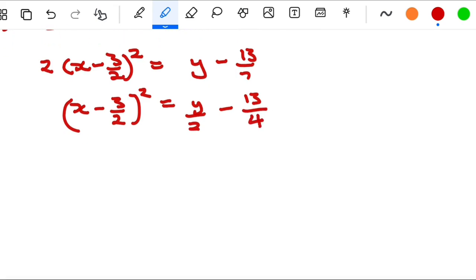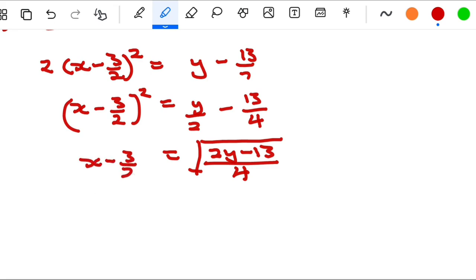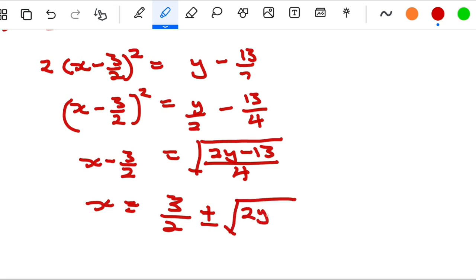Okay, then we can apply the square root to both sides, and we get the square root of 2y minus 13 over 4. Then we get what? Equal to x minus 3 over 2. Then we get x equals 3 over 2 plus or minus root of 2y minus 13 over 2.